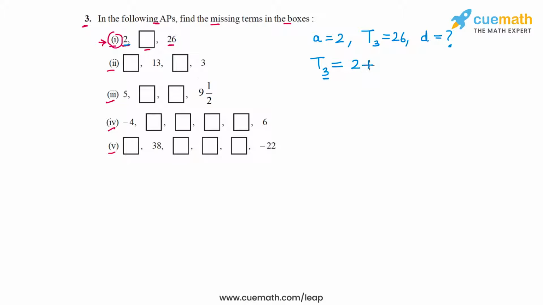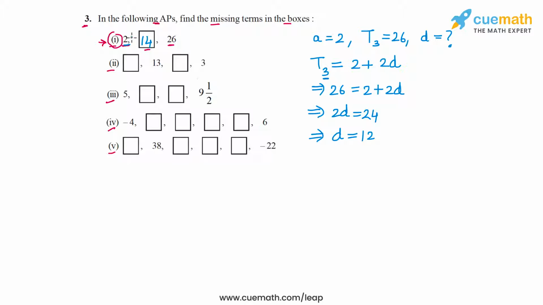N is 3, so N minus 1 is 2. So 2 plus 2D. T3 is 26, so 26 is equal to 2 plus 2D. And this means that 2D is equal to 24, or D is equal to 12. Once again, we get the same value for D, and this means that the second term is A plus D, or 14. So let's write it here. The answer for the first part is 14.